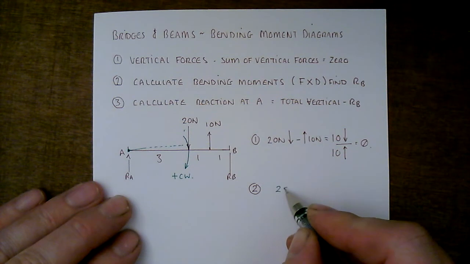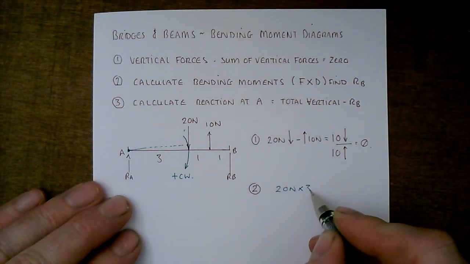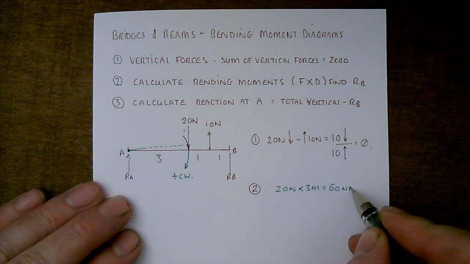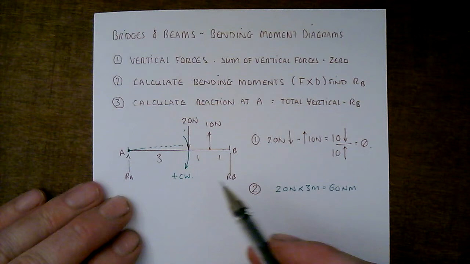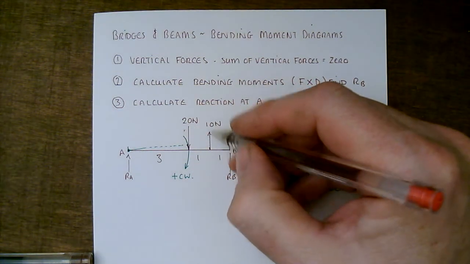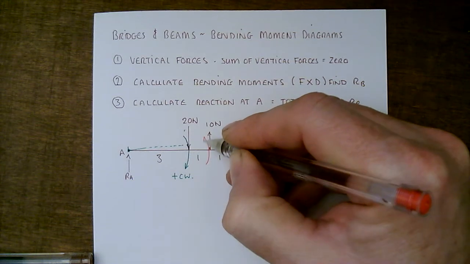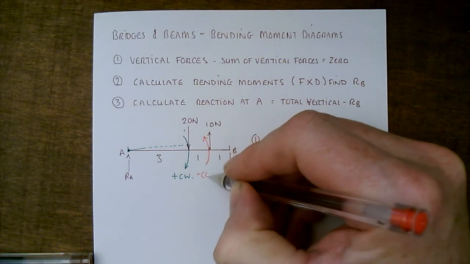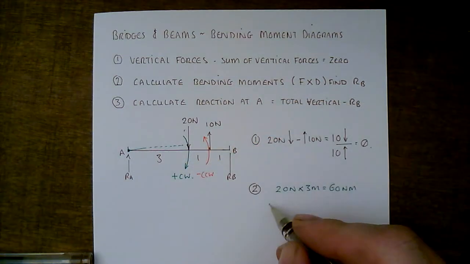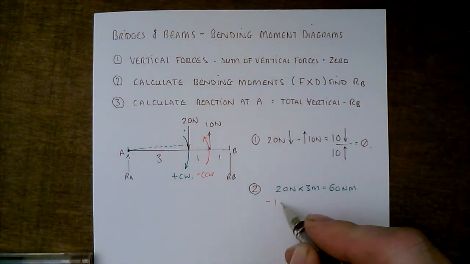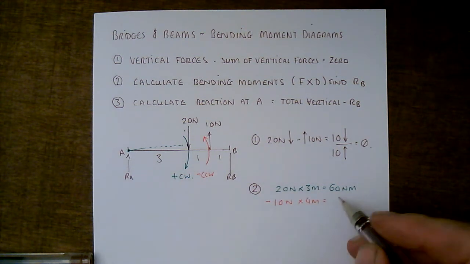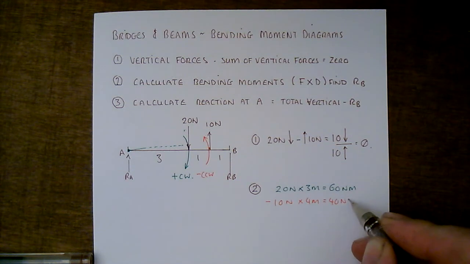So 20 newtons times 3 meters, 2 3s are 6, that's 0, we have 60 newton meters. Okay, let's look at this 10 newtons. The 10 newtons is acting in upward direction, so that's a counterclockwise, it's opposite this one, and it's acting over 4 meters, so negative 10 newtons multiplied by 4 meters is 40 newton meters.